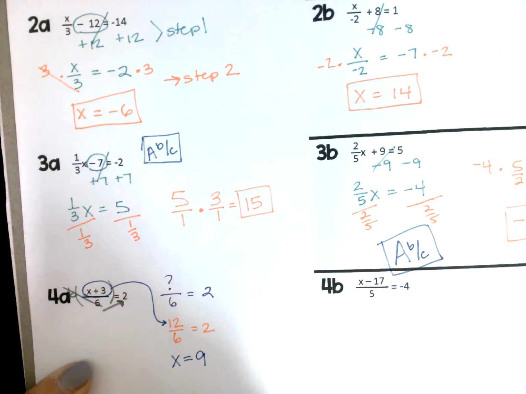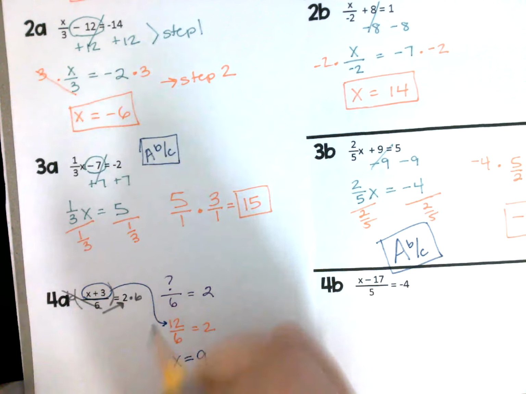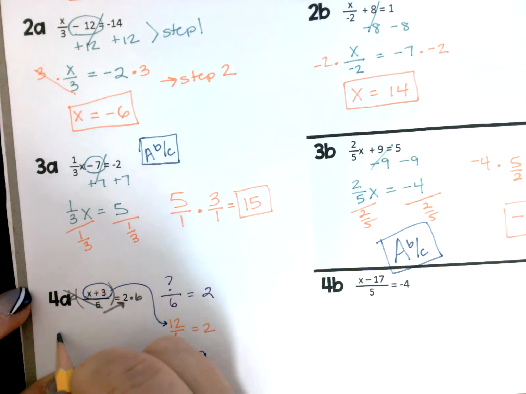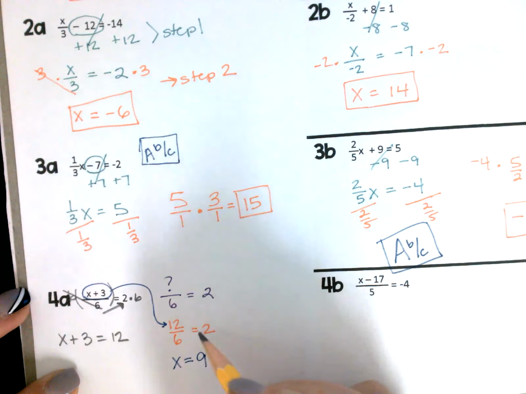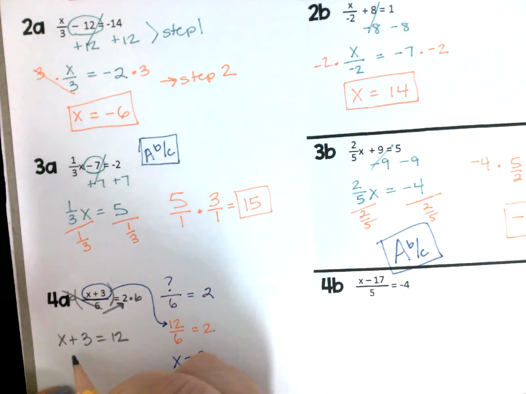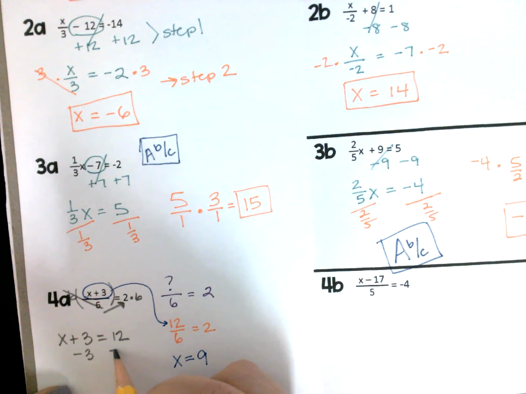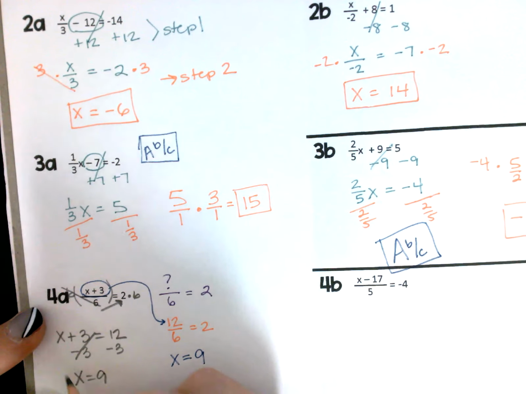Then it goes away because that's a division problem. Then I'll go over here, multiply by 6. Now I have x plus 3 equals 12. Ooh, kind of sounds familiar. We have a one-step equation, so I would minus 3, x equals 9.